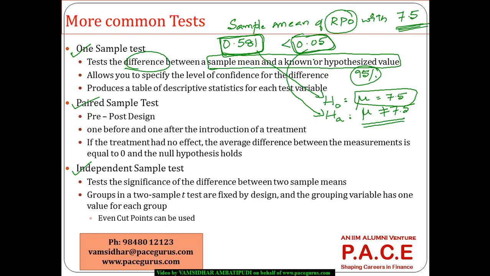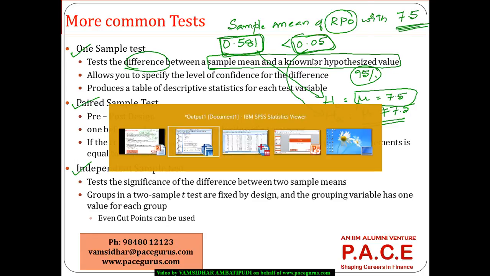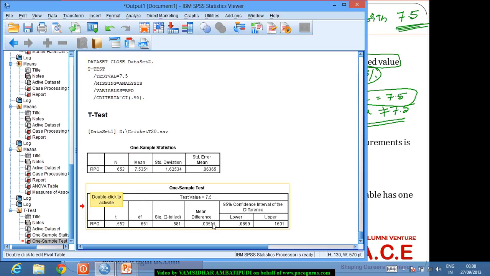Typically when we are using the tool, we really don't need to get into the various technical or calculation aspects, but just to be aware a little bit, the mean difference is 0.03, which is 7.53 minus 7.5. A 95% confidence interval is built based on the standard error: this number minus 1.96 times the standard error to this number plus 1.96 times the standard error.